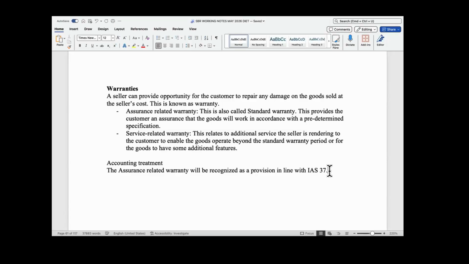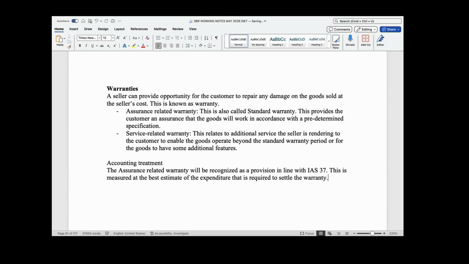So we recognize it, and this is measured at the best estimate of expenditure that is required to settle the warranty.